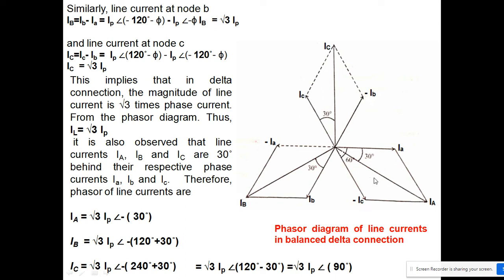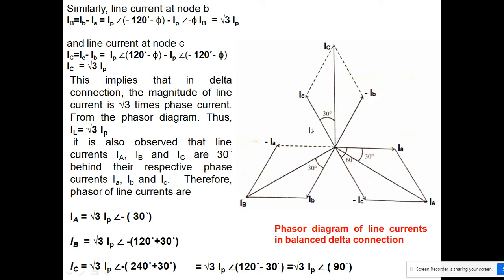So the resultant becomes equal to this, and IB is this one and minus IA is this one. So the resultant is in this direction, again using the parallelogram, and I get the same value. In the third case, IC is this one and then minus IB. So I put positive IB this way and minus IB this way. Again I draw a parallelogram, and this angle is 60 degrees.